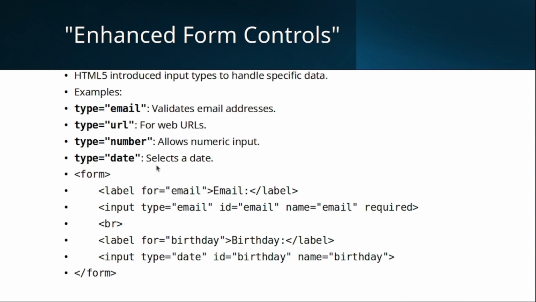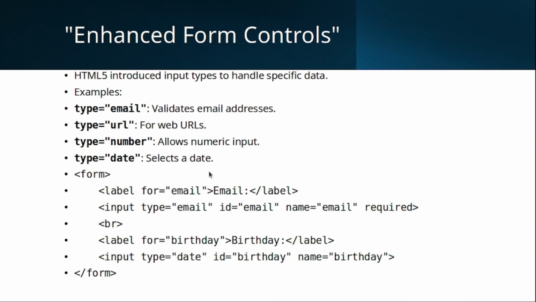This is a very great attribute to use in HTML5. We have an ID, a name, and the required attribute. And we have a break here. In this second input, we have a date in order to select your birthday or any date you want.